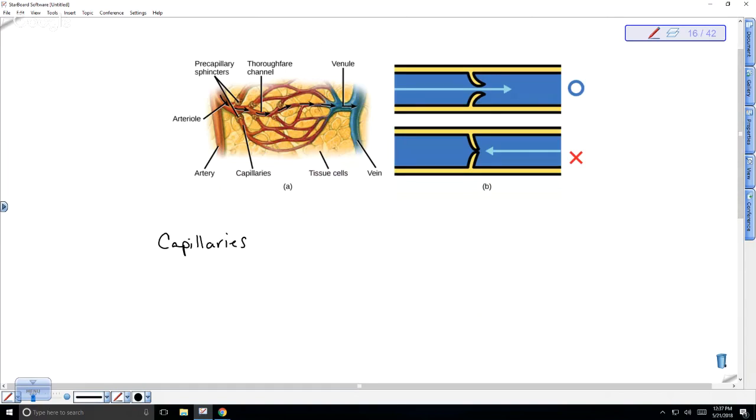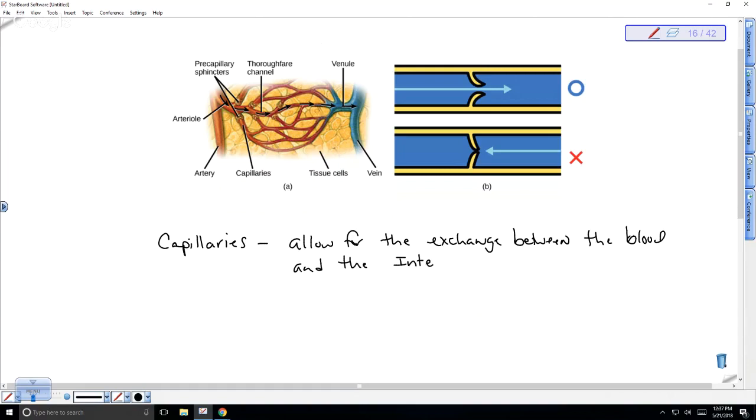And capillaries allow for the exchange between the blood and the interstitial fluid. So what this word technically means is inter is between. So between the tissues, okay? So this is the fluid that is just not in the circulatory system and is just found bathing each of the cells in your body.